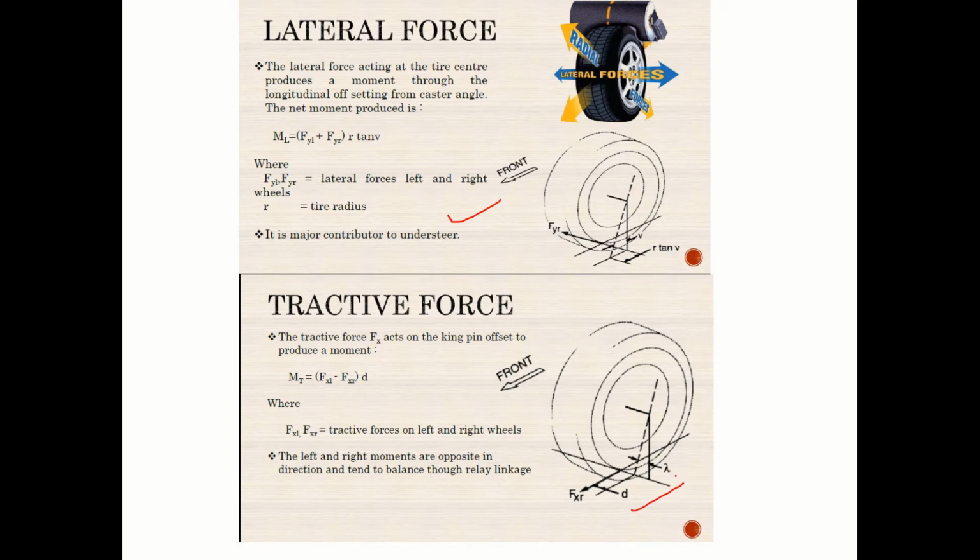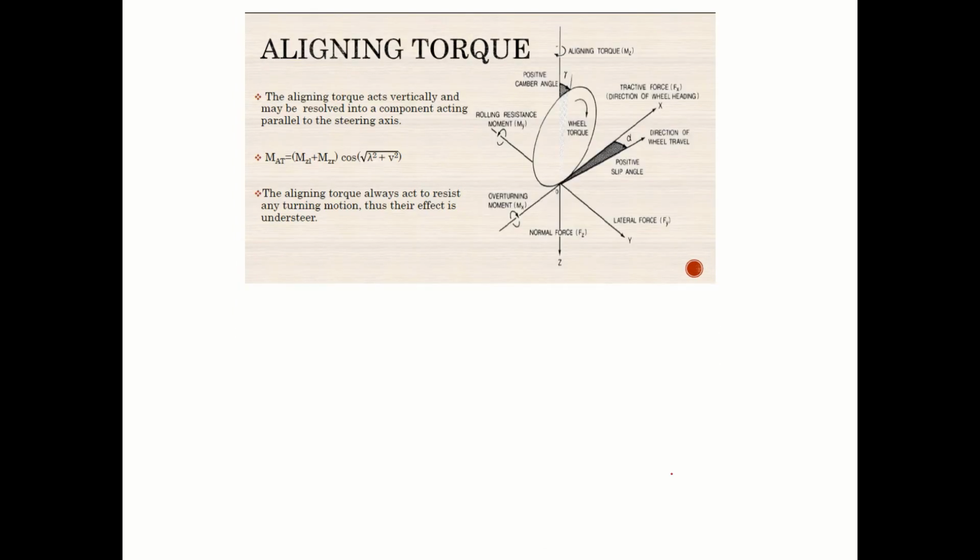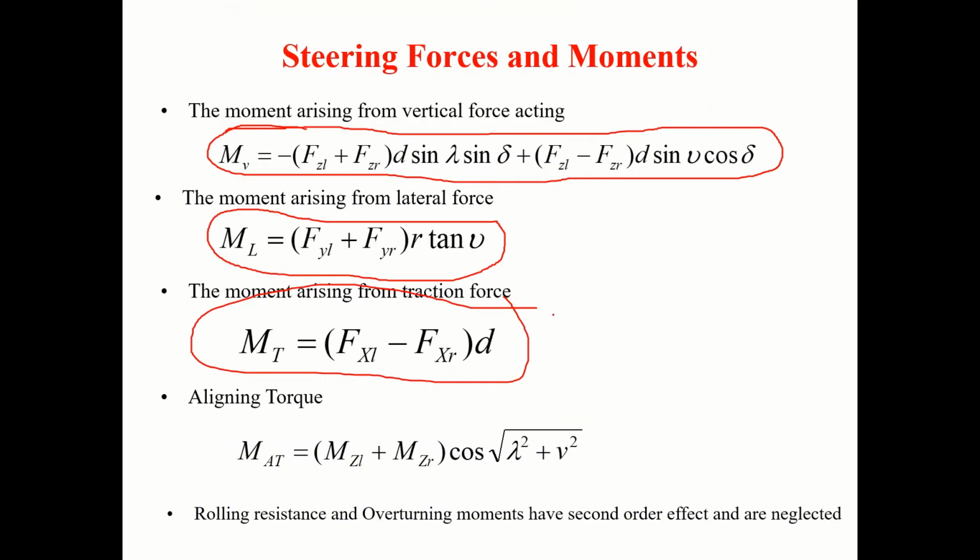Study the geometry, that's fine. Then the aligning torque, from this. So these equations have to be written looking at the geometry. The rolling resistance and overturning moment are second order effects, so they are negligible and we can ignore them.